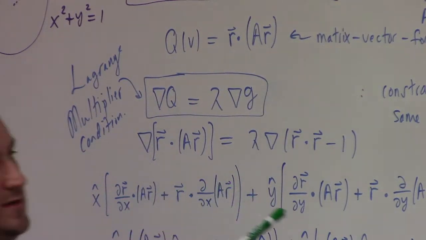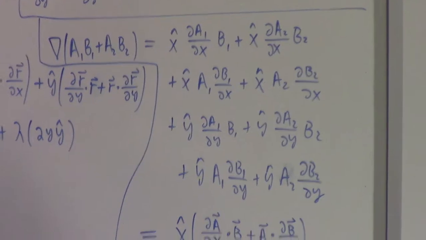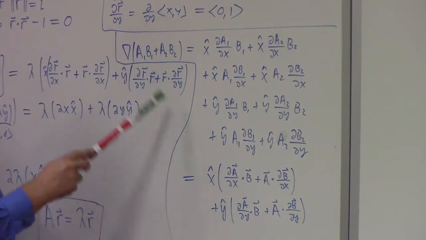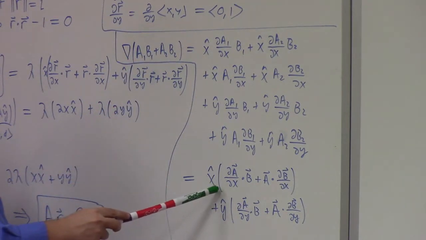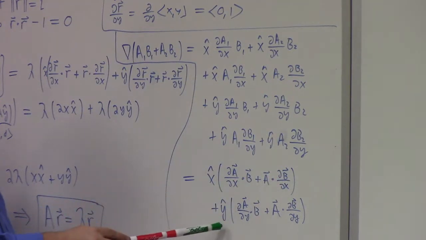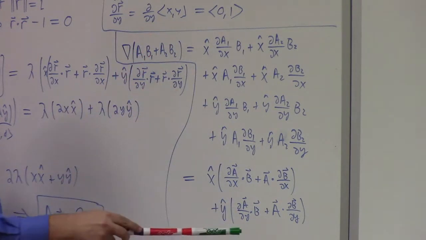So what I did was I figured out if I take the gradient of a dot product, I can rewrite it as a particular linear combination of partial derivatives of the vector, like this. See, the gradient of a dot product of a and b is actually equal to x hat partial a partial x dot b plus a partial b partial x plus y hat partial a partial y dot b plus a partial b partial y by this little calculation right here.